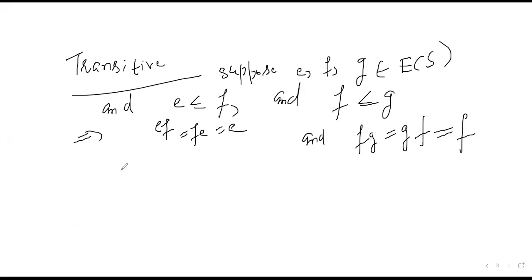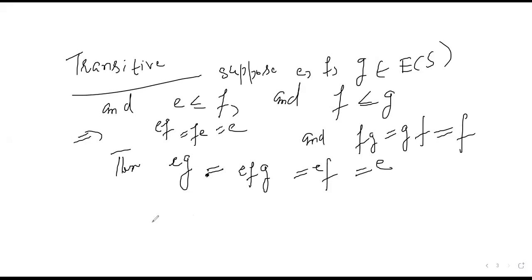Then if I take eg, now e is same as ef, so I can write it as efg, but fg is same as f, so this is ef, and again ef is e, so I'm getting eg equal to e.